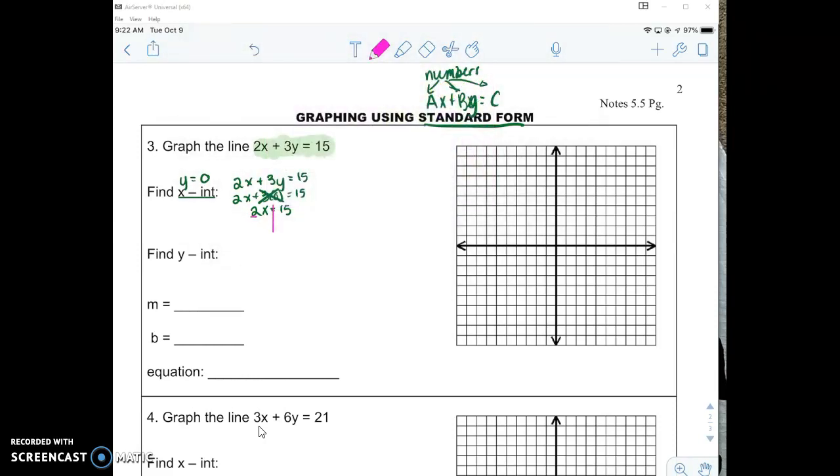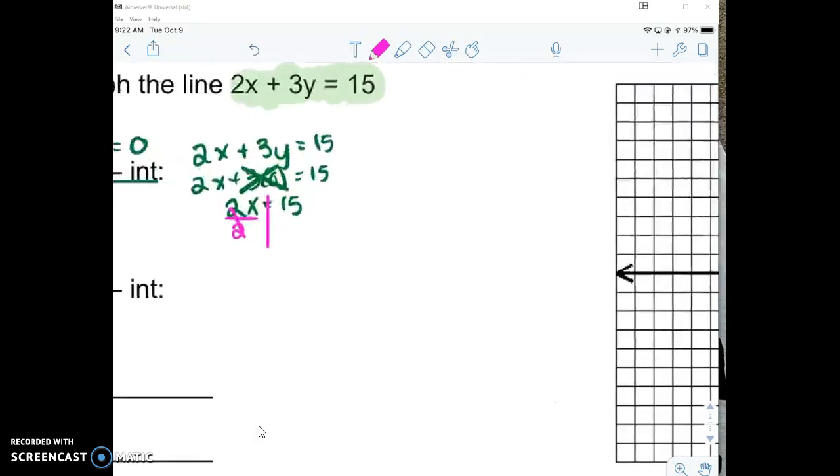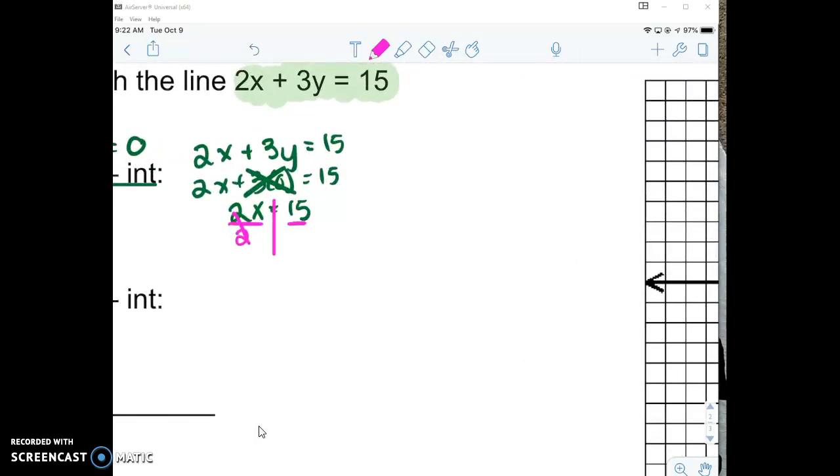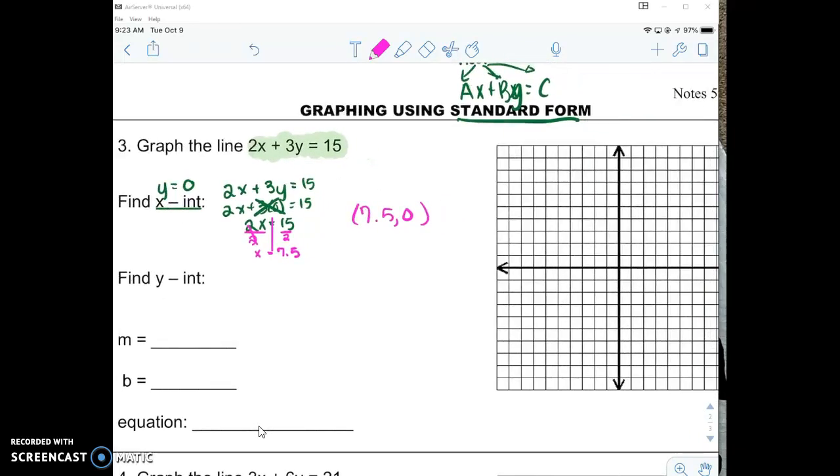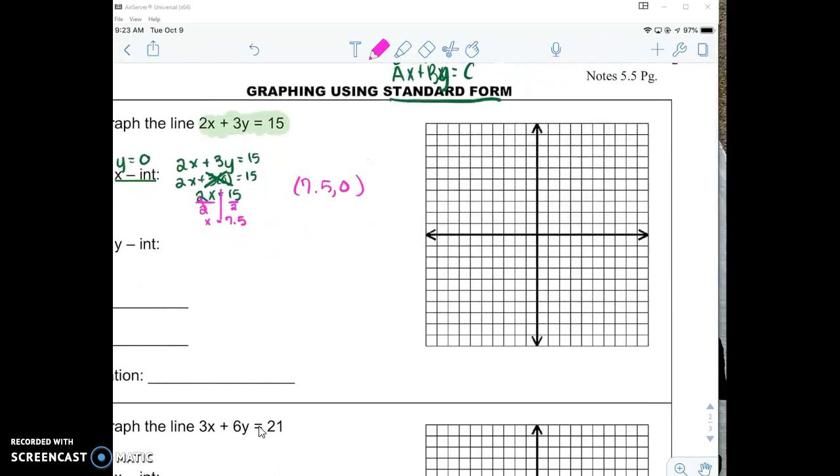Solving this for x, I divide by 2 on both sides, and I get that x equals 15 divided by 2, which is 7.5. So my x-intercept is the point (7.5, 0).